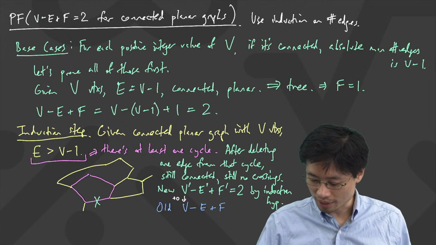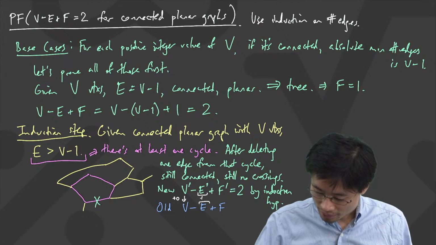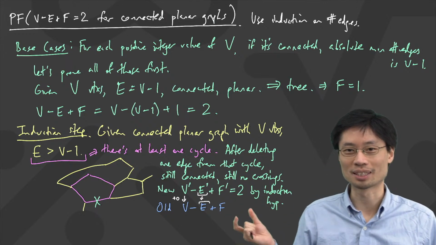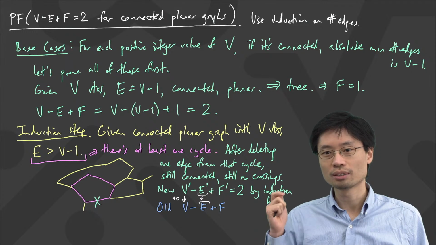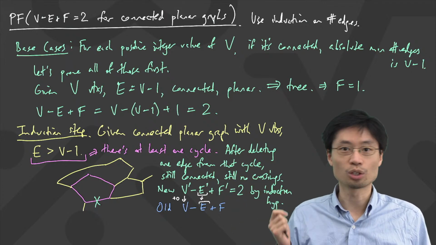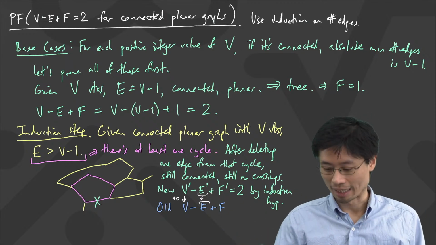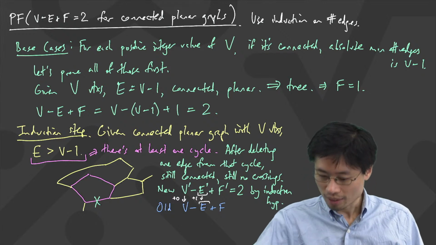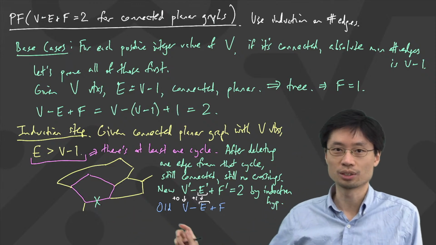But what you also noticed is if I look at what happens to the new E prime and the old E, I drew this bracket thing because there's a minus sign, which is annoying. But if I simply compare the E prime and the E, well, to go from the E prime to the E, you go by plus 1. What you said is the opposite, but those are the same. It's a plus 1, because what you said is from the old picture to the new picture, you deleted one edge.